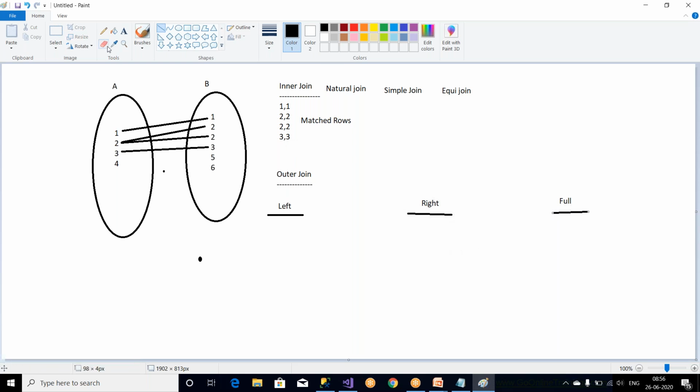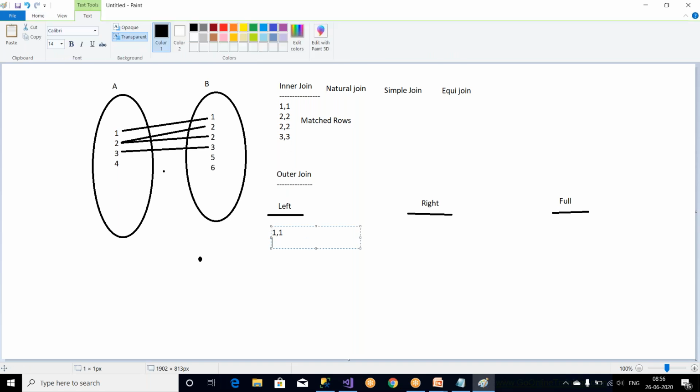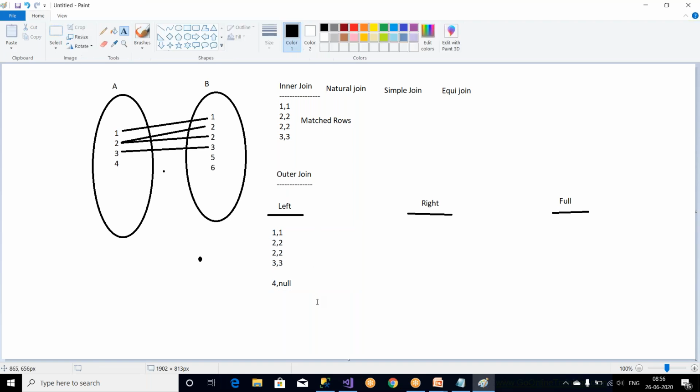Inner join is the matching data, that is 1 comma 1, 2 comma 2, 2 comma 2, 3 comma 3, plus the unmatched data from the left table, that is 4. On the other side we don't have any matching entry, so you get null. So left join is always inner join plus extra data coming from the left data set or left table.